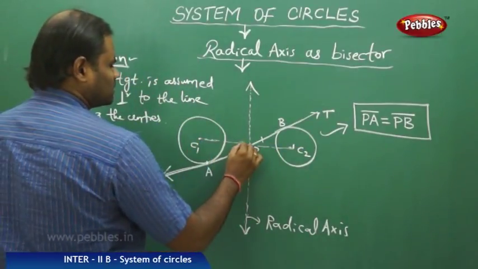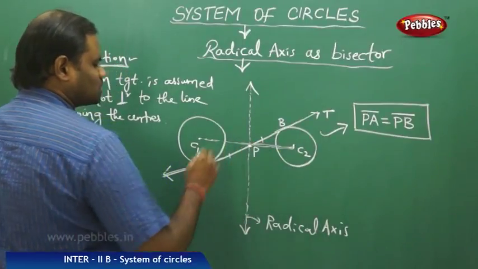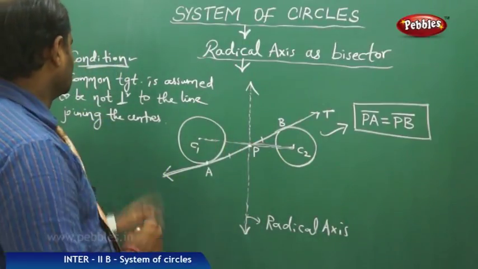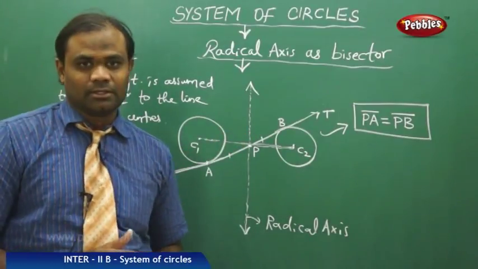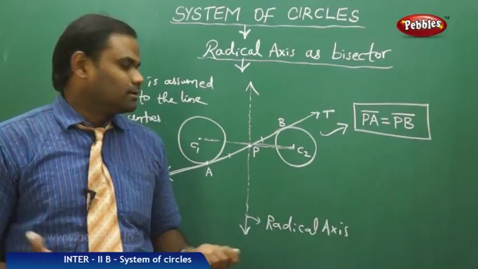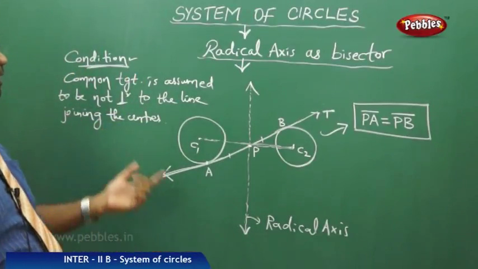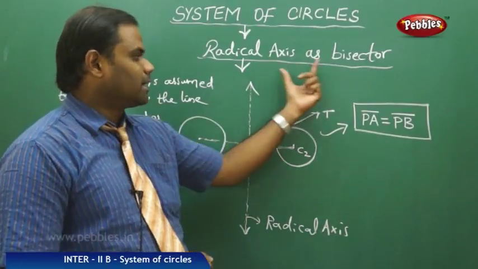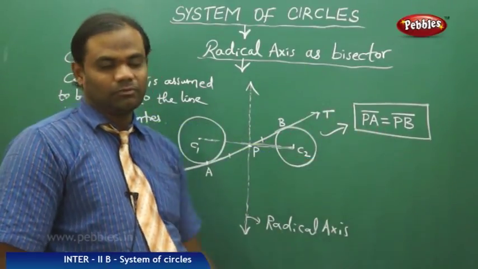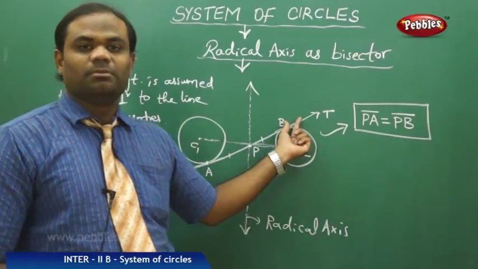We assume that this common tangent is not perpendicular to the line joining the centers. If it is perpendicular, then we don't have the property which can be proved. So this is the limitation where the radical axis acts as bisector with PA equal to PB.